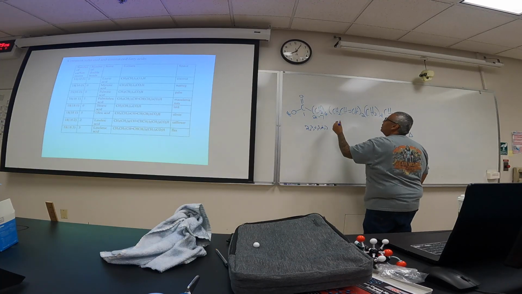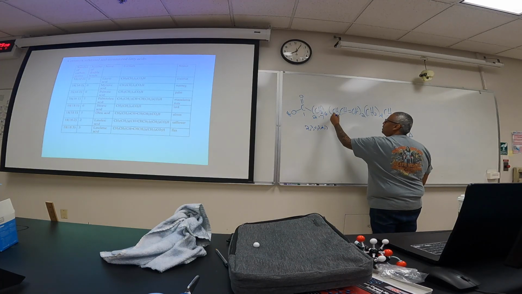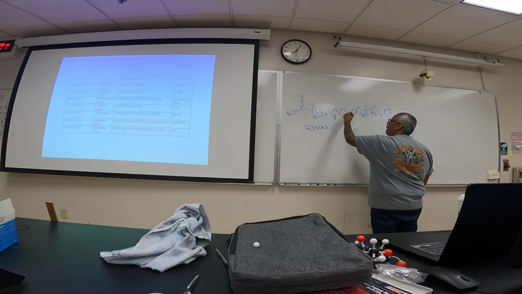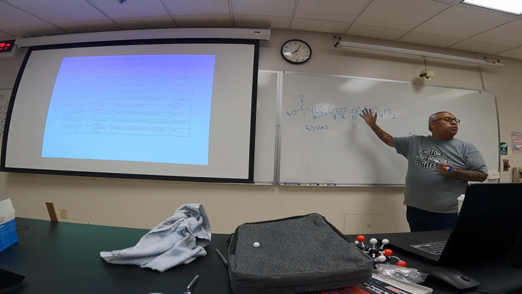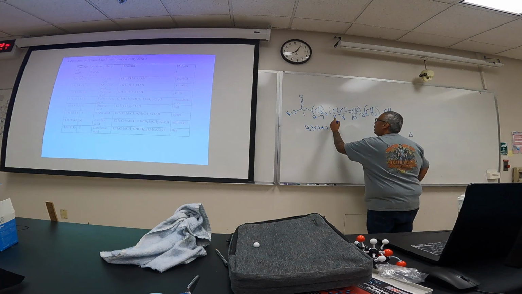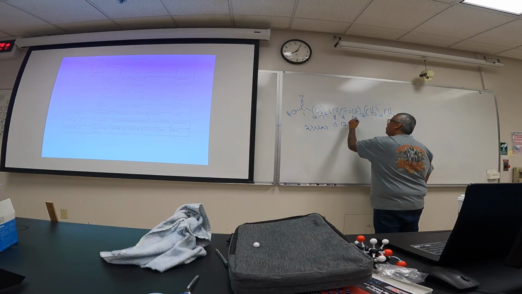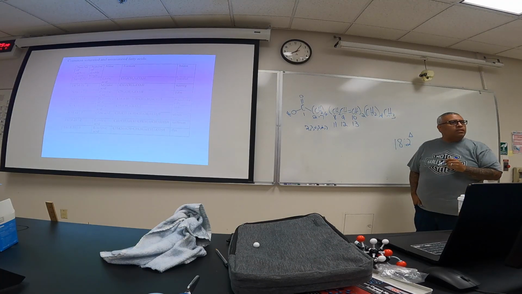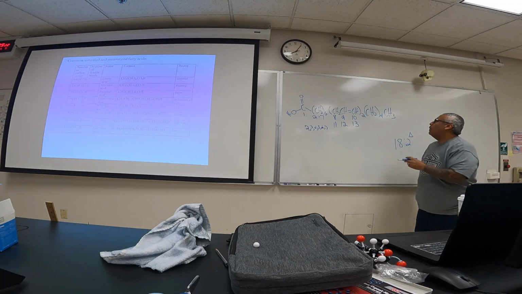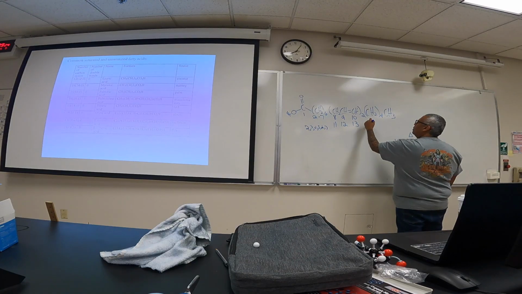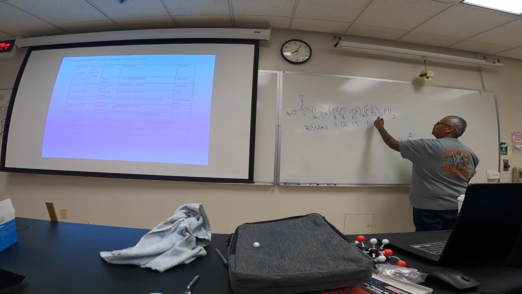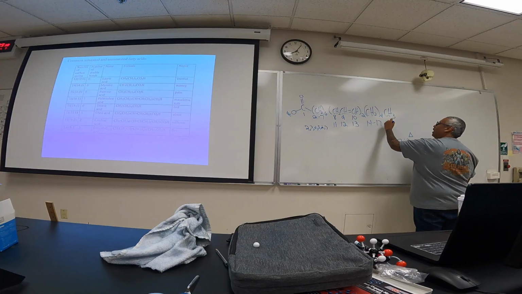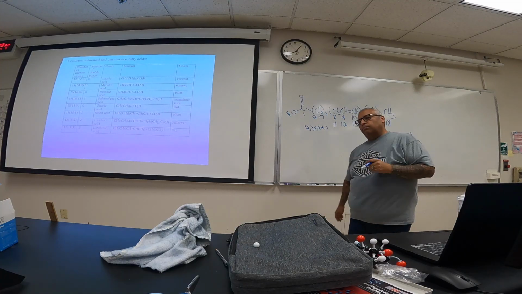So this is 2 through 7, which means this is going to be 8, 9, 10. But I have 2 of them. 11, 12, 13. Does that make sense? And then here, this is going to be 14 through 17, and then this is 18.